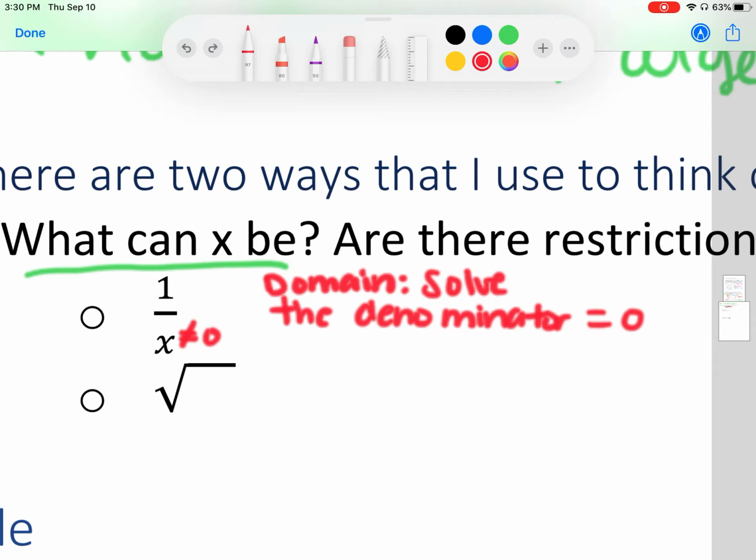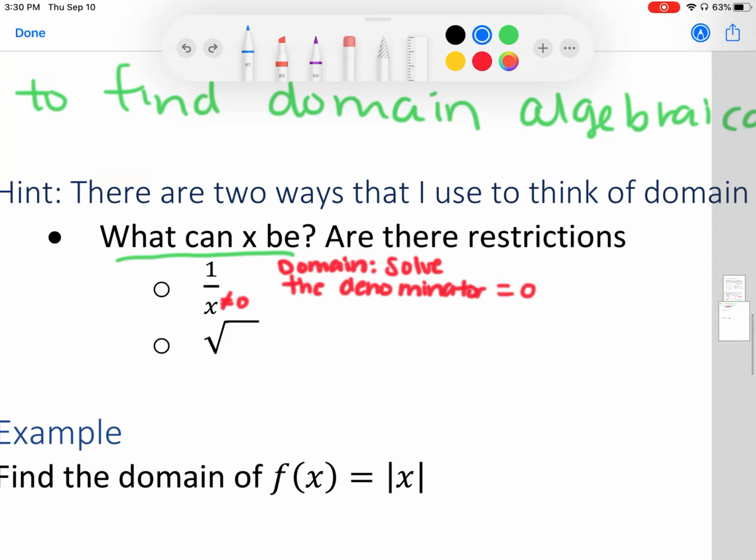Also, we have a square root. So just to remind you, since I know this is something that we tend to forget, I know I can take the square root of a positive number, such as square root of 1, we get 1. I can take the square root of 0. The square root of 0 is just 0. But I cannot take the square root of a negative number. That leads us into a whole separate number system called imaginaries or complex numbers.